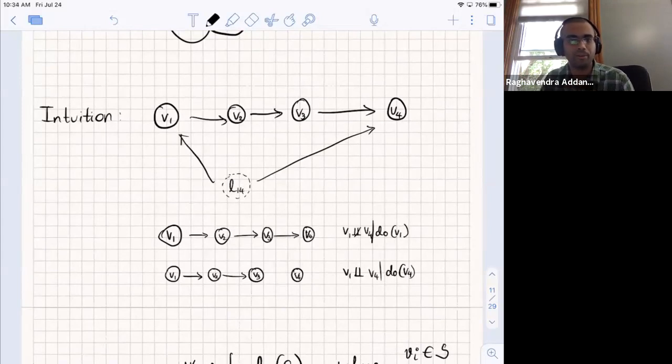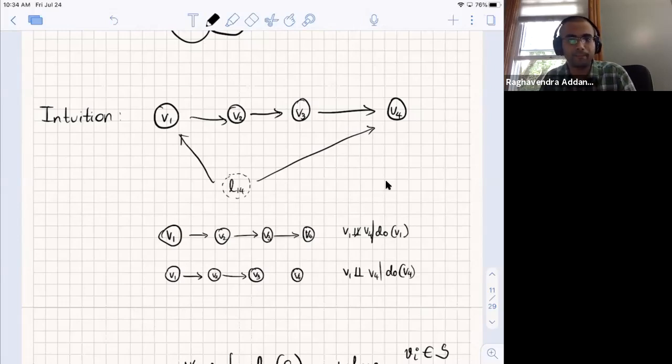There's no latent effect on V1, and we ignore the latent effect on V4. When we test whether V1 is dependent on V4, we get that it is true because of this causal path. In the other test, when the separating set system contains V4 and not V1, we get that they are independent. If both tests say they are independent, then it's not an ancestor. If at least one of them returns dependent, exactly one of them will, then we conclude that V1 is an ancestor of V4.